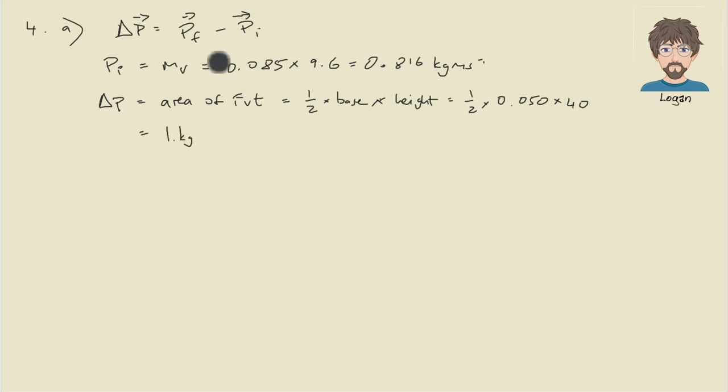I'm going to put 1.0 because it's going to be two significant figures. So half times 40 is 20, and 20 times 0.050 is 1. 1.0 kilogram meters per second. So that's our magnitude.